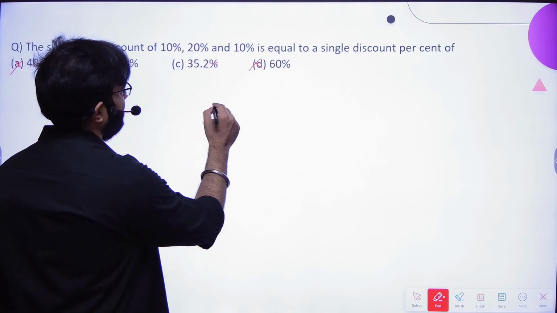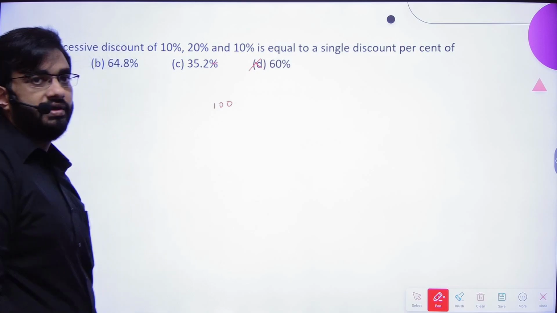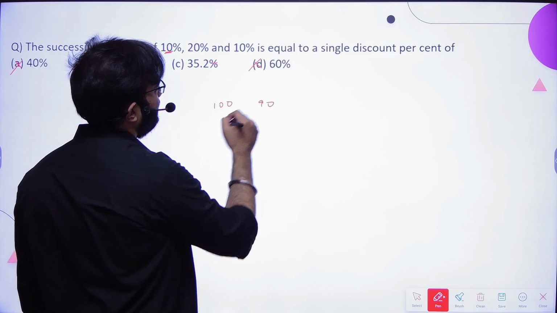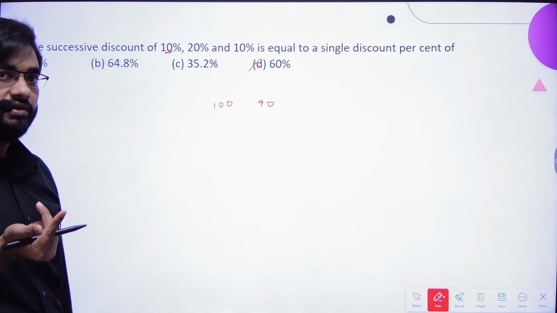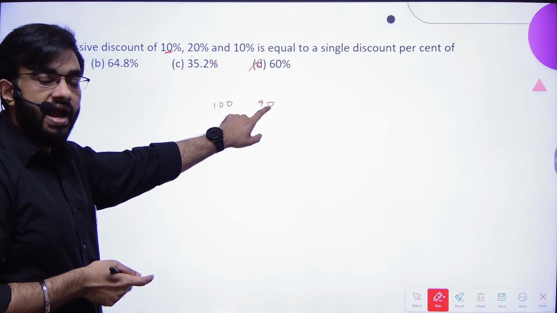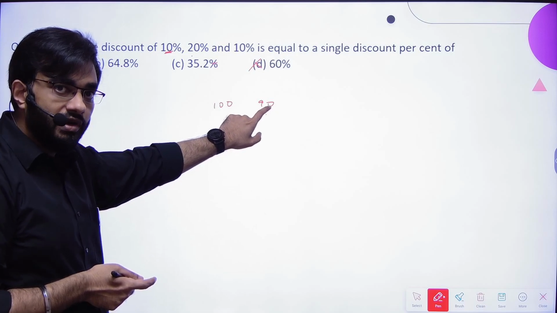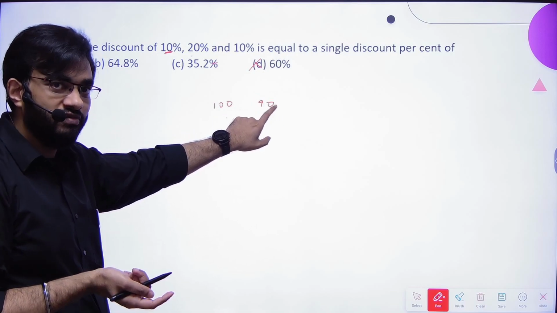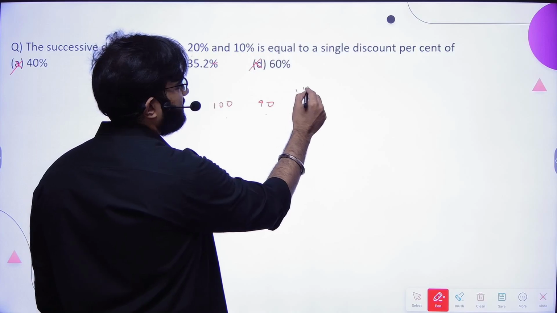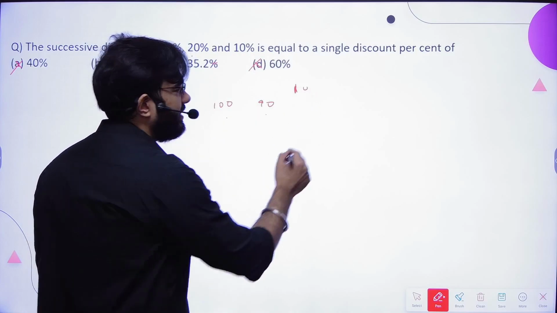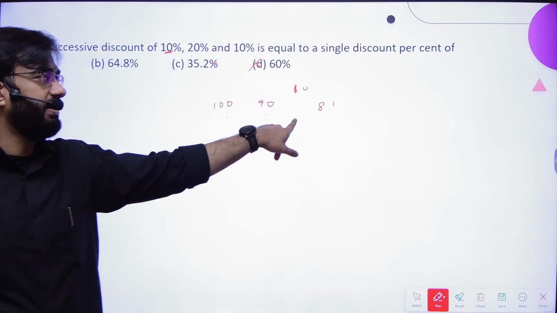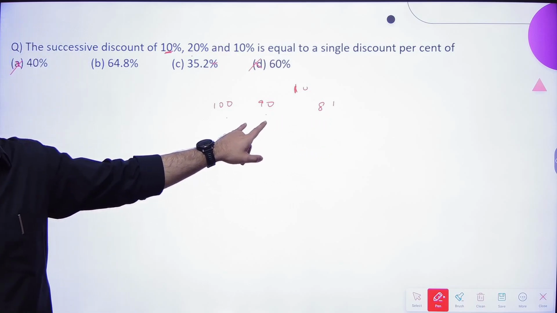Because if we are calculating discount on 100, then 10% will lead to 90, but now the 20% discount will not be applied on 100, it will be applied on 90. And when we are applying percentage on a lower value, the overall will be less. For example, 10% of 90 will be 9 and not 10, so the price will be 81.